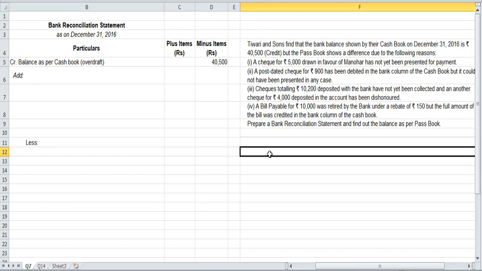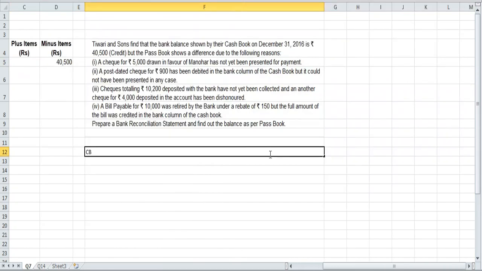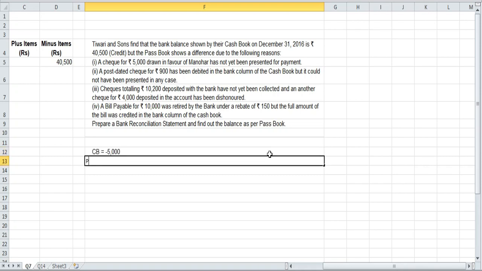From your cash book we have drawn, so I'll write here minus 5,000. But from your passbook it is still not drawn. Which means your cash book goes less by 5,000, but in your passbook no money is withdrawn.